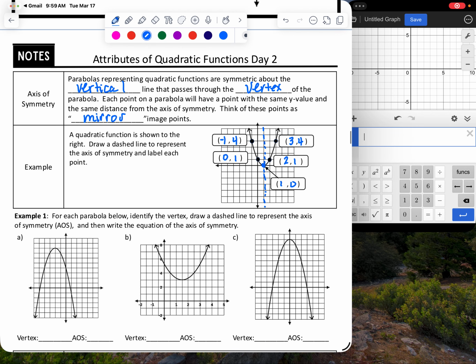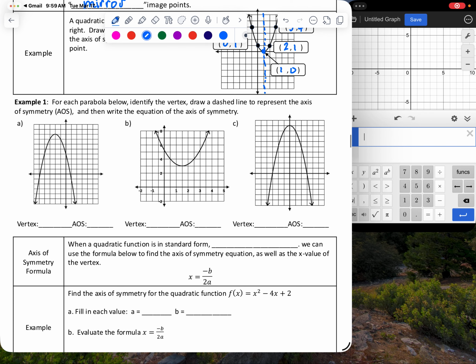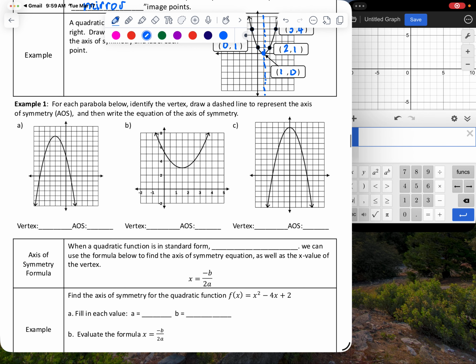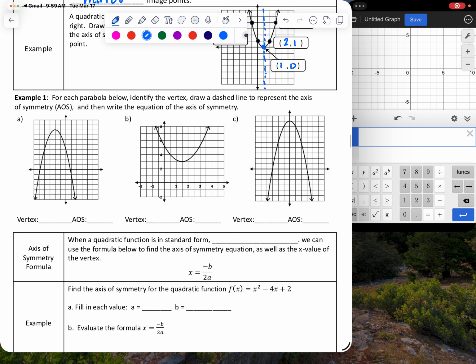All right, let's look at example 1. For each parabola shown below, identify the vertex, draw a dashed line to represent the axis of symmetry, or AOS, and then write the equation of the axis of symmetry. In problem A, first identify the vertex.